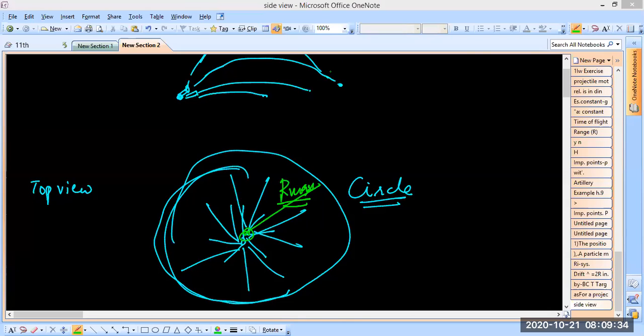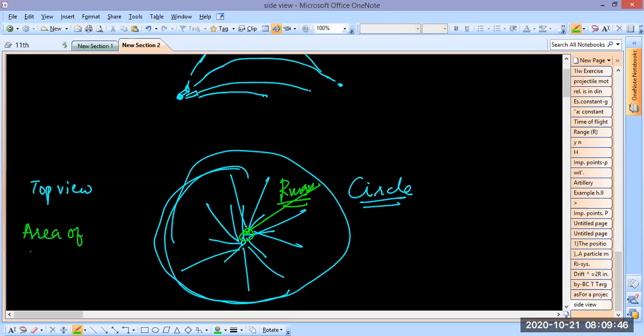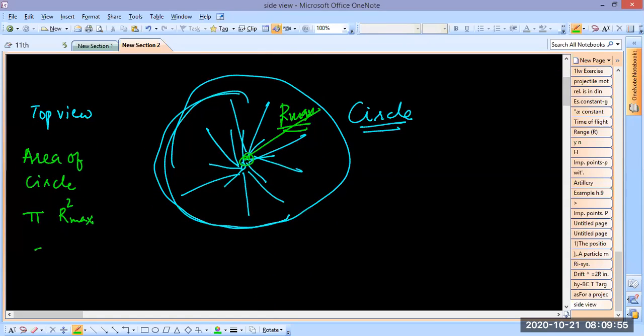All right. So if R max is the radius, then the area of the circle is going to be pi R max square. So this is your answer. So now you just have to put the value of R max.